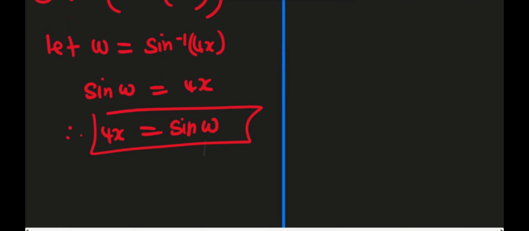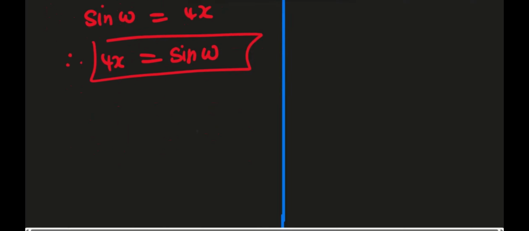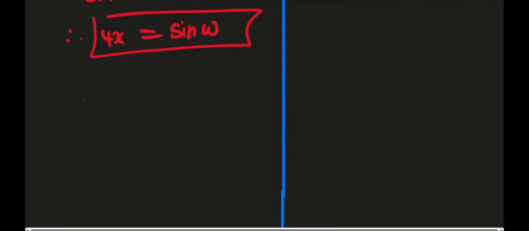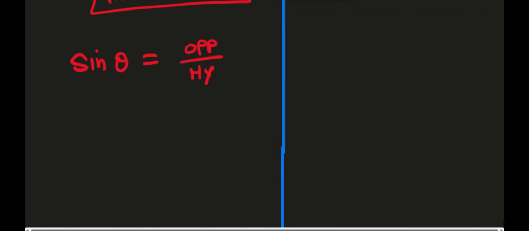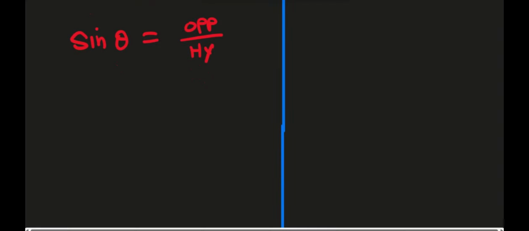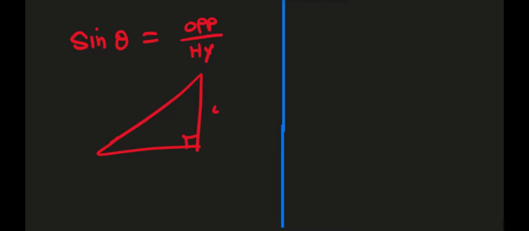That becomes true, and we know from trig that sine of an angle gives us opposite over hypotenuse. Then we can represent it on a diagram as opposite over hypotenuse.